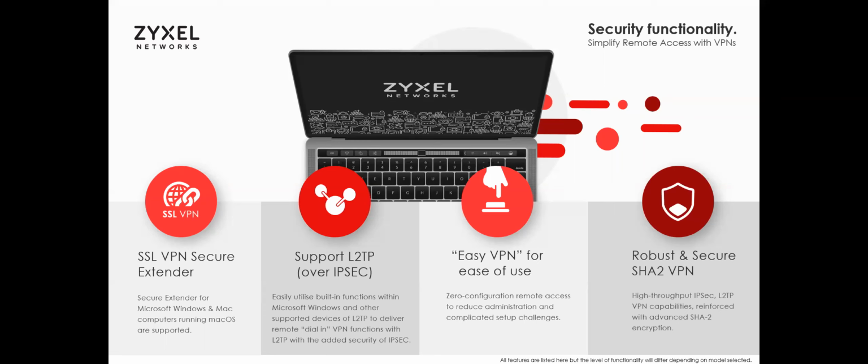And then, of course, we've got EasyVPN for ease of use. It's a zero configuration remote access. Basically, what that's referring to is our IPsec VPN solution. If you purchase our IPsec client software, which you don't have to because any third-party IPsec client software works, our IPsec client software will auto-provision the client device to the firewall.